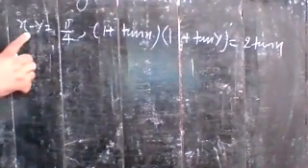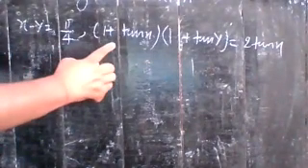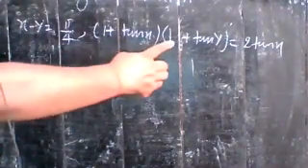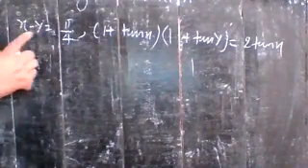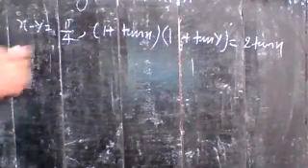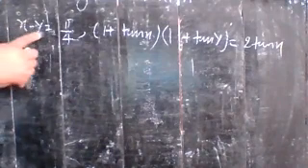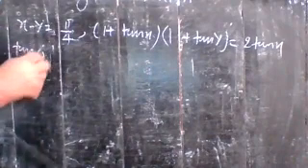So what is given? Here it is given x minus y is equal to pi by 4. And you have to prove that 1 plus tan x into 1 plus tan y is equal to 2 tan x. So firstly start from the given result, x minus y is equal to pi by 4, and apply tan on both sides.